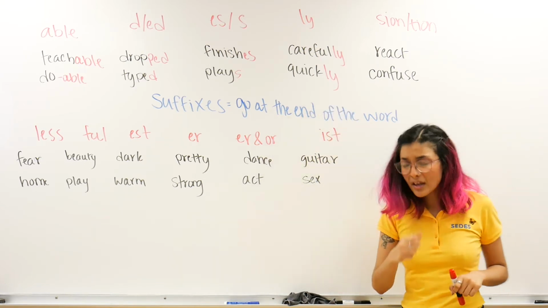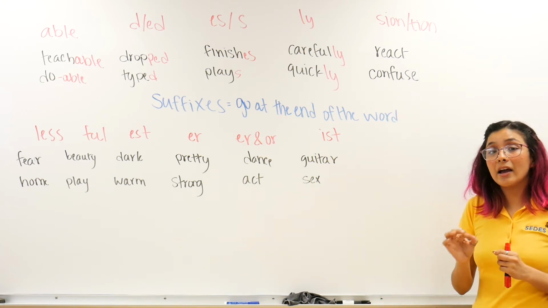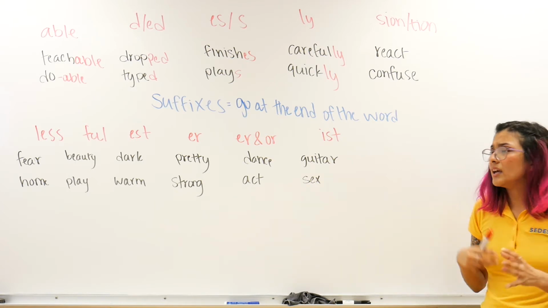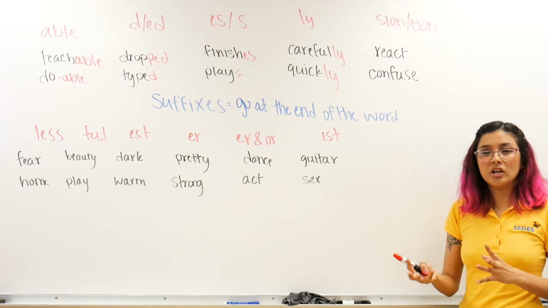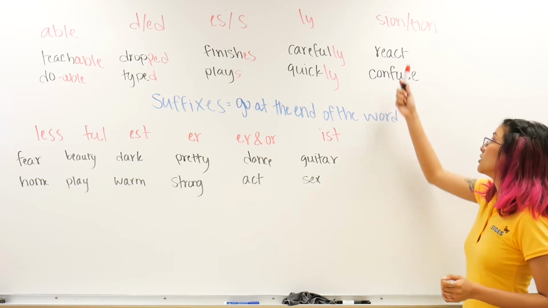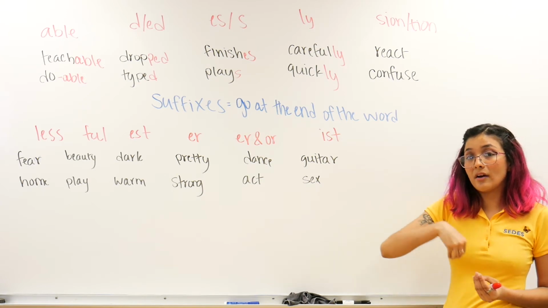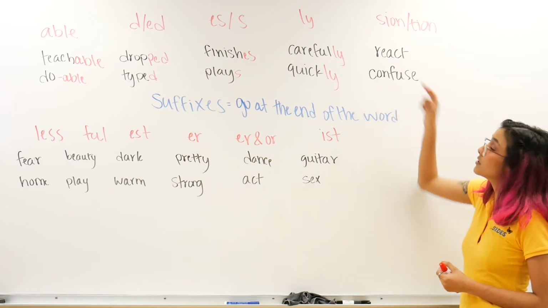Quickly. Now we have shun, or T-I-O-N or S-I-O-N. These are going to be an expression of the action, right? How it changes, which is an expression. So for example, react. And when you have a reaction, you are expressing this verb.